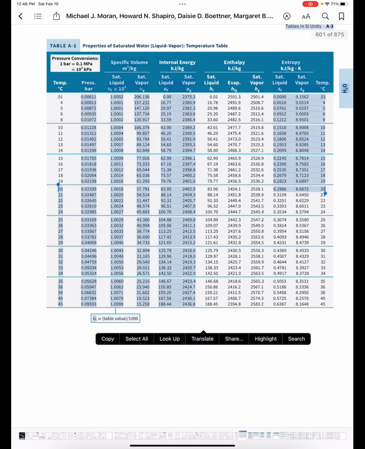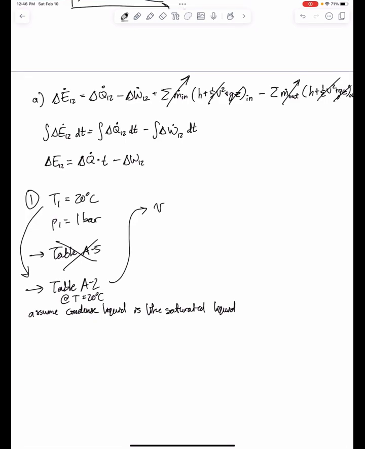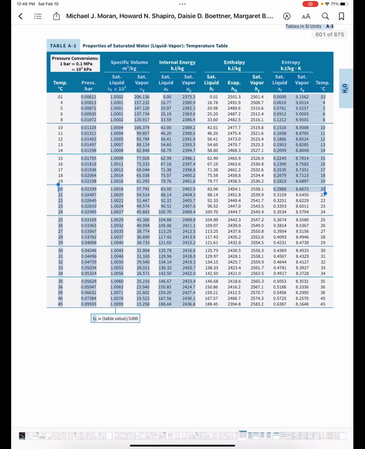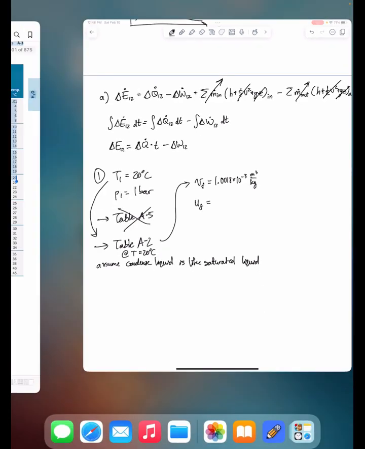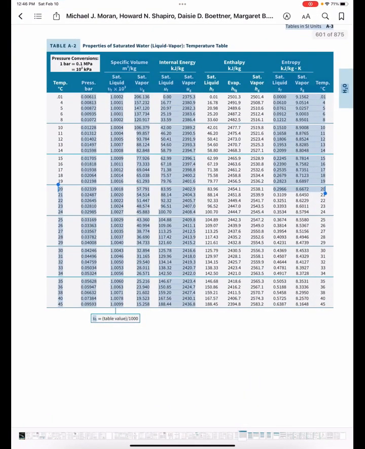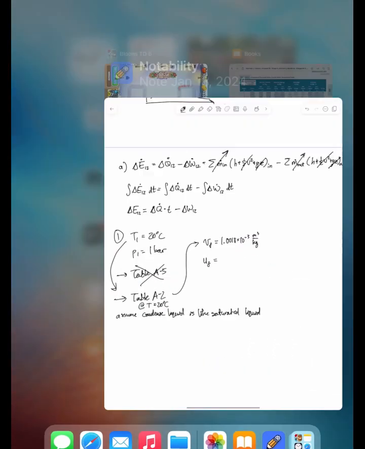Let me write that down. 1.0018. And then I'll take u_f, 83.95.